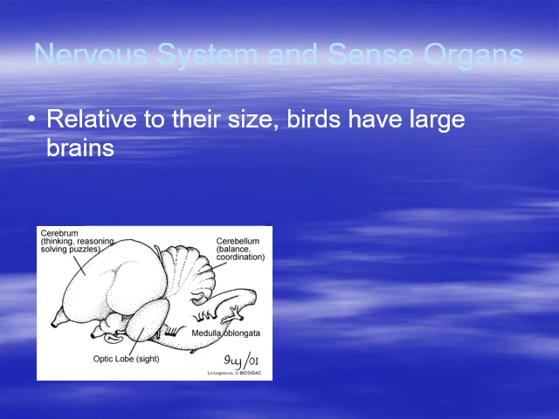Relative to their size, birds actually have pretty large brains. You might have heard somebody use as an insult before, you have a bird brain or something like that. That's actually not very accurate when we consider how smart many birds actually are. Take a couple things into example. Flight. Birds have to be able to tell their body to fly. They have to be able to control their flight.